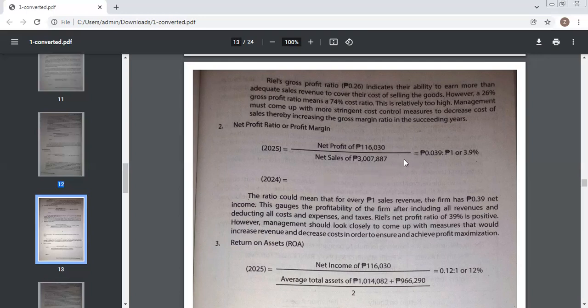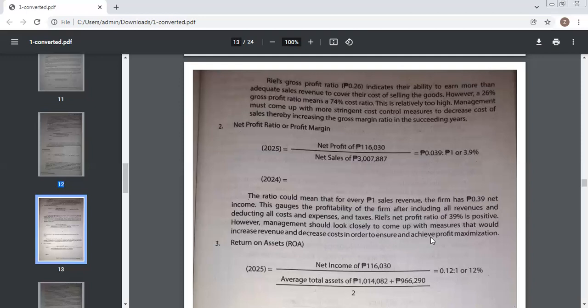So the answer is 39 thousandths. The ratio could mean that for every 1 peso of sales revenue, the firm has 3.9 cents of net income. This gauges the profitability of the firm after including all revenues and deducting all costs, expenses and taxes.